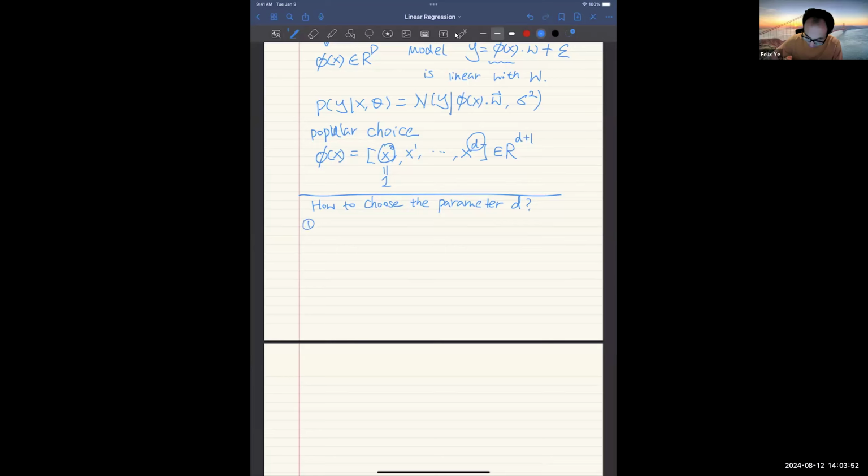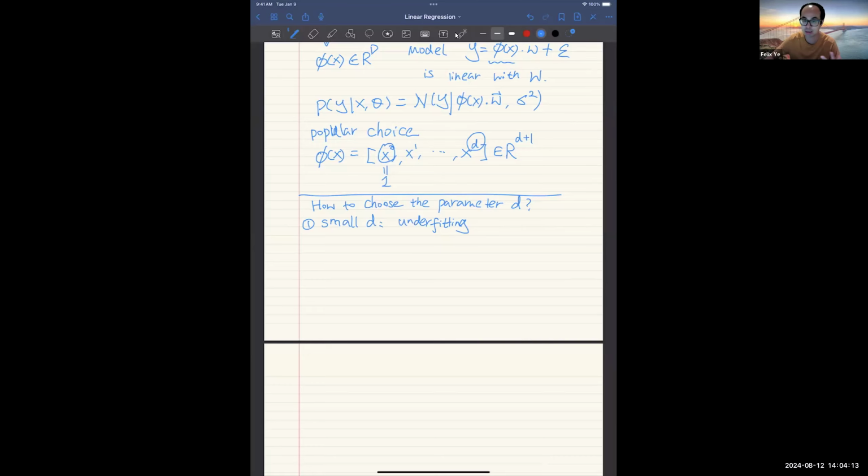If d is small, that is underfitting. That means the training error will be high.